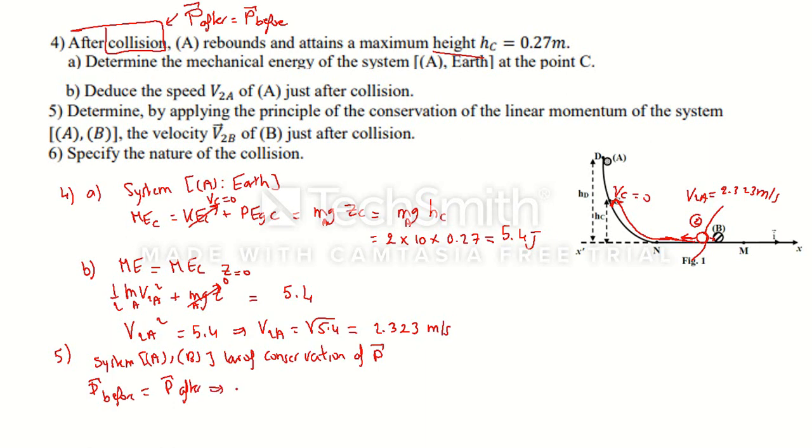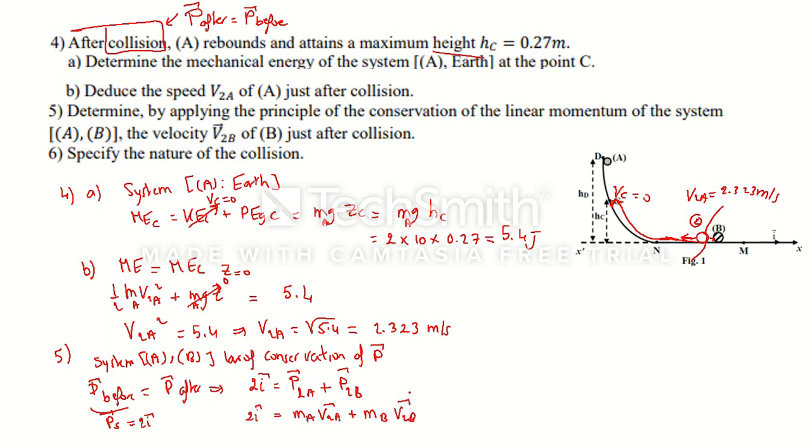Now before, what did we have? Before we had P of the system, A and B, which we already found, equal to 2i. So this means 2i is equal to P2A plus P2B after the collision, which is equal to mA v2A plus mB v2B vector.